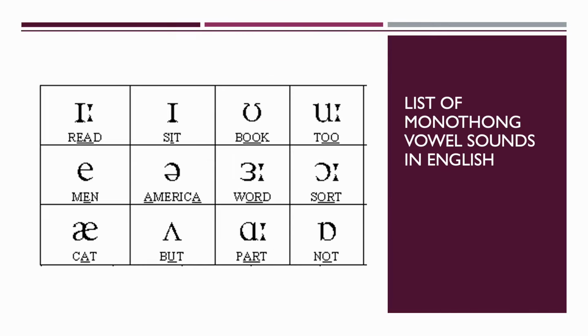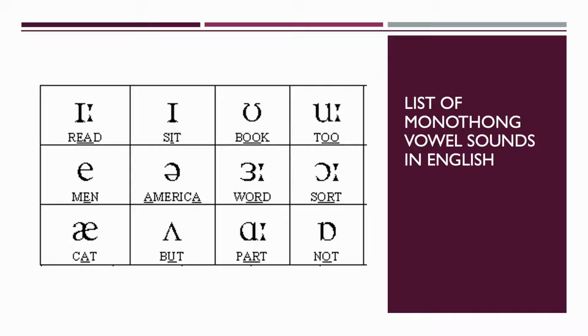So this is a list of the monophthong vowel sounds in English, and these are familiar words. The vowel sound in the word read is the long E sound. You have sit, that's a short one.